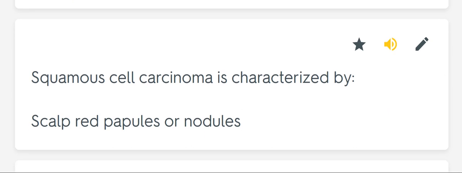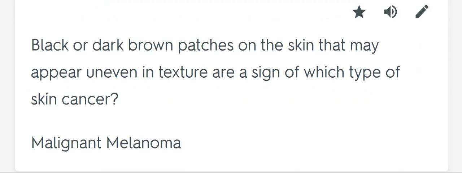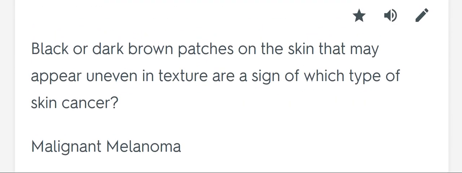Squamous cell carcinoma is characterized by scaly red papules or nodules. Black or dark brown patches on the skin that may appear uneven in texture are a sign of which type of skin cancer? Malignant melanoma.